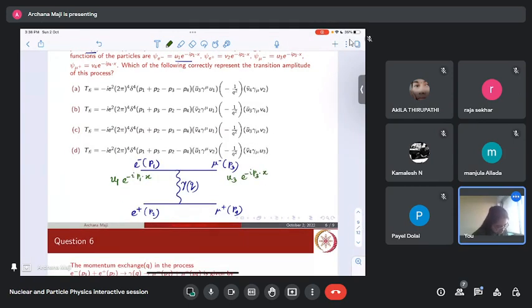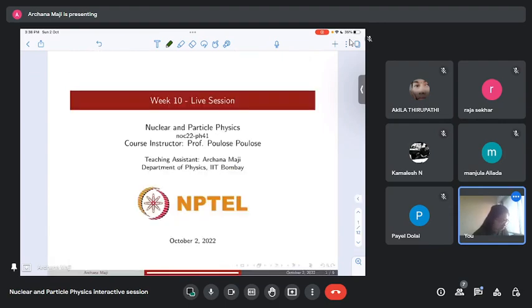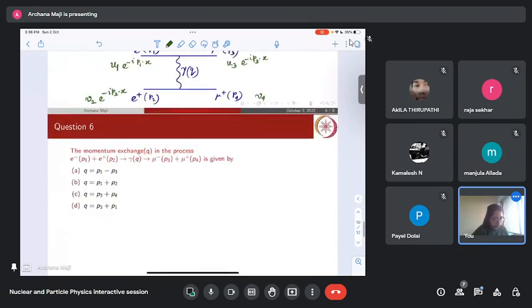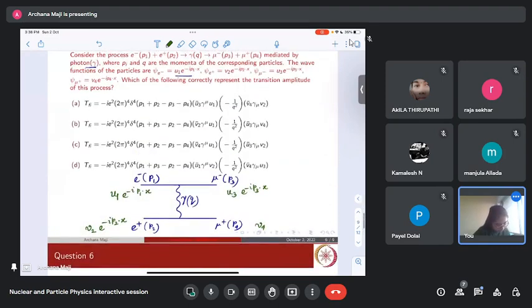For the positron it is v2 exponential minus i p2 dotted with x, and for mu plus it is v4 exponential i p4 dot x.